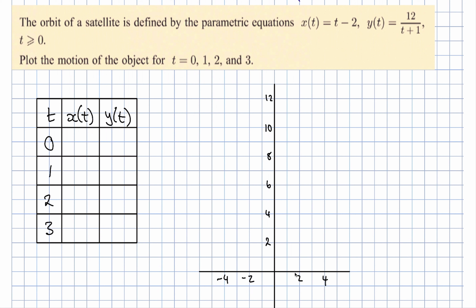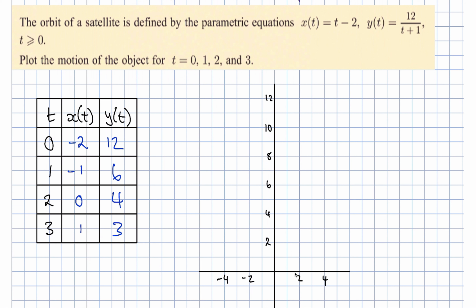At t equals 0, x is equal to -2. Going down the x column, at 1 it's -1, then 0, 1, and then the y's: at 0 it's 12 on 1, which is 12, then 12 on 2, which is 6, then 12 on 3, which is 4, and then 3.